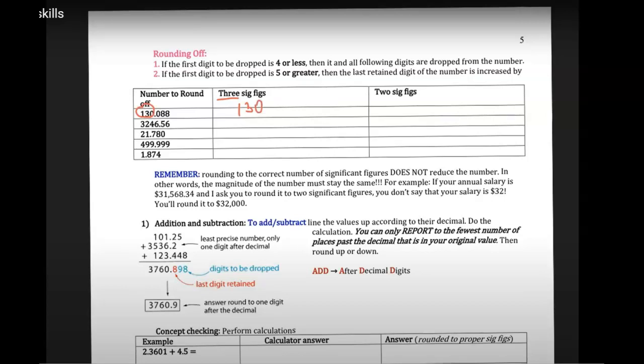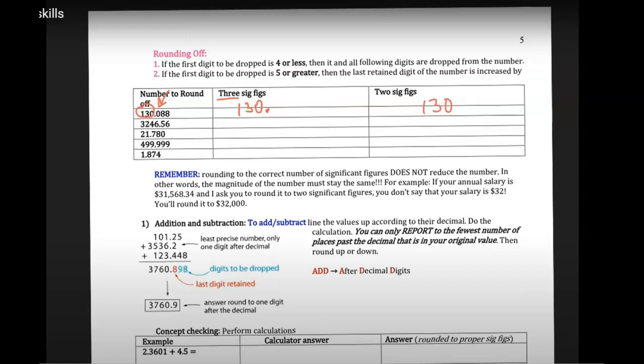So to make sure that it is significant, I have to put a decimal point. And in this case, I round it down, so 130. because 130.088 is greater than 130. I round it down because the first number that I was dropping was 0, which is less than 4, right? And then I round down. So for 2 significant figures, I would just do 130.